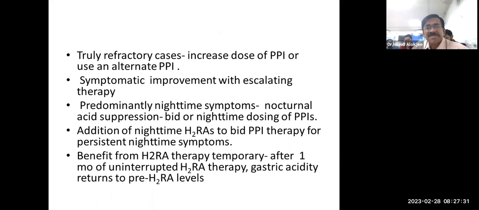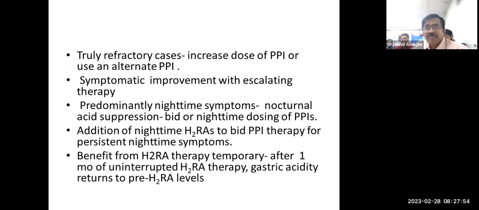In truly refractory cases, either you need an increased dose of PPI or need to use an alternate PPI. And if the patient has symptomatic improvement on escalating therapy, then you continue with the escalated dose of PPI. For patients having predominantly nighttime symptoms, you can increase the dose of PPI to BID or nighttime dosing of PPI.